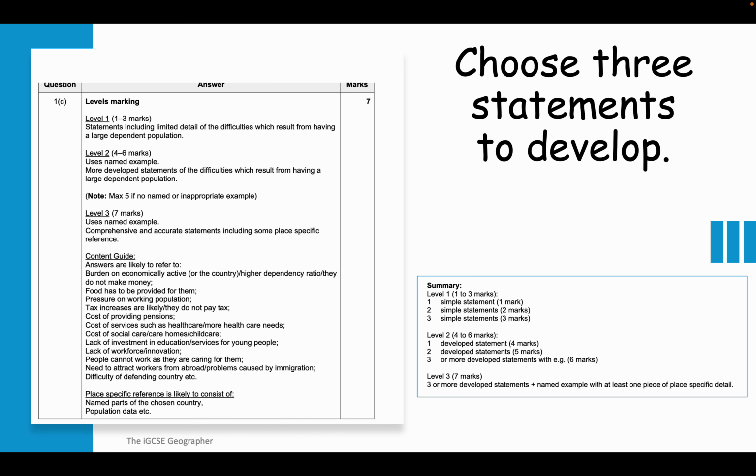So that entails 3 or more developed statements. So if you're planning for this, just take any 3. I mean, most of these on the content guide you could use. I think they're relevant to this case study in particular. So yeah, I've just chosen 3 random ones. Okay, and just think about when you're planning your answer, how can I develop these?